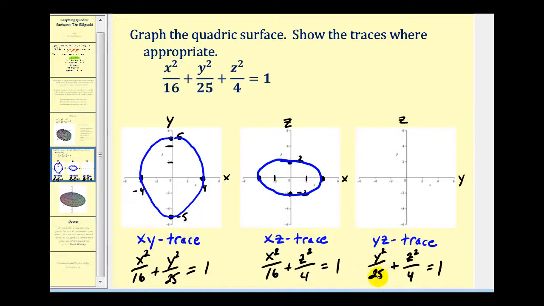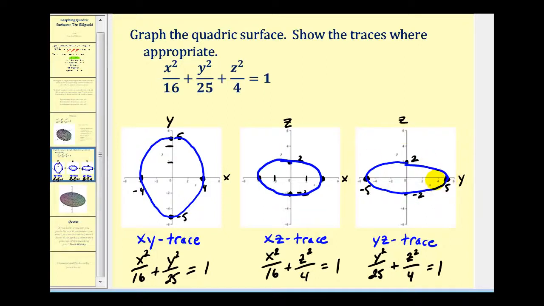So b squared is 25, so b is equal to 5, so we'll go 5 units to the right and 5 units to the left for the major axis, and we'll go up and down 2 units again for the minor axis. These are the endpoints of the major and minor axis. So the ellipsoid intersects the yz plane in this shaped ellipse.